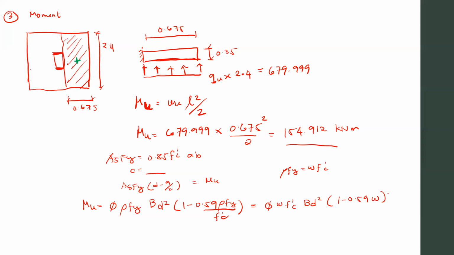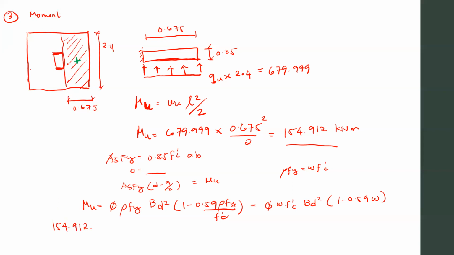Okay. Some books, ganyan. Okay. So, since kailangan ko naman ng rho, so itong isa na lang yung gagamitin ko. Yung una. Okay. So, yun yung mabilis na way to determine yung steel ratio. Okay. Yung AS from the MU. Okay. So, mas mabilis yan.